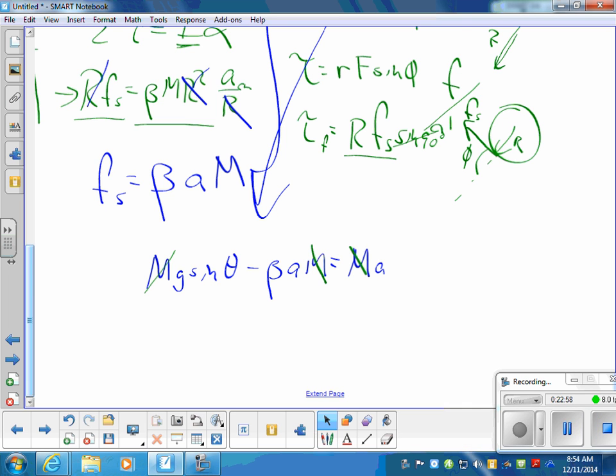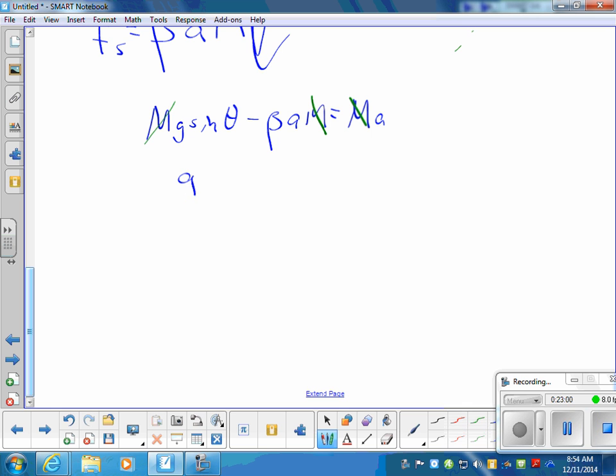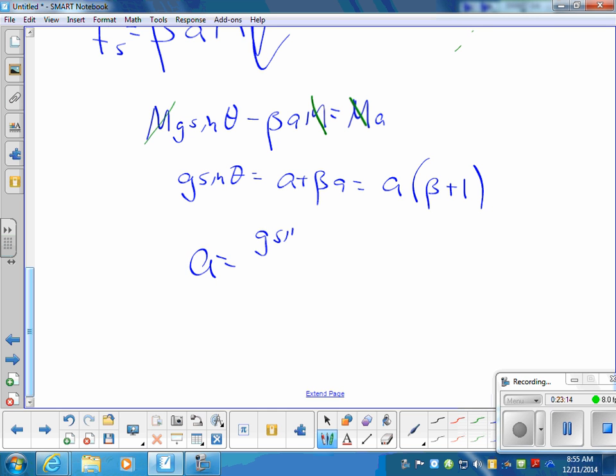So I've got g sine theta equals a plus beta a. I can factor out an a, beta plus 1. And I have what we had at the beginning, a equals g sine theta over beta plus 1. That is that.